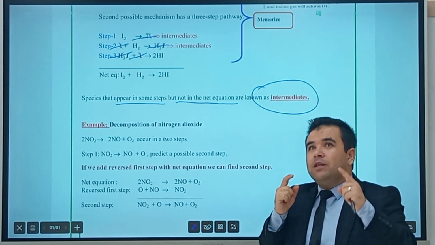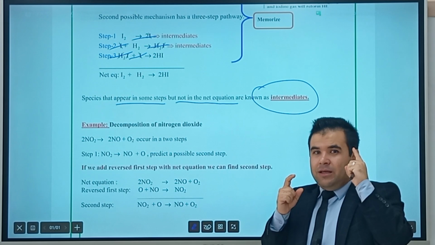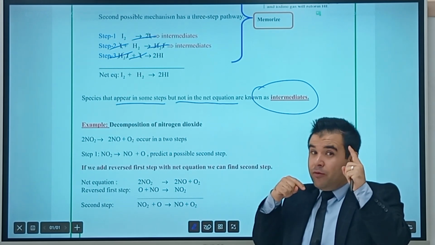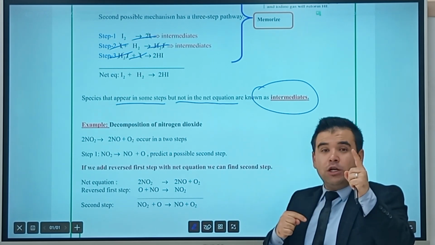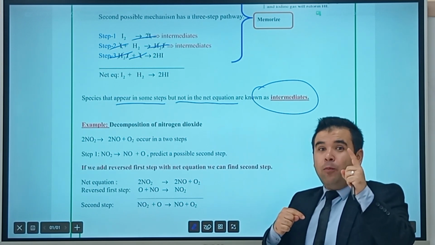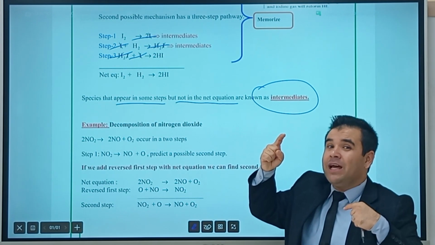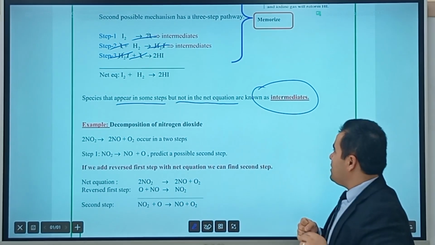Or we can say if the reactant of the first step and the product of the last is the catalyst; the opposite, which is the product of the first and the reactant of the last, is the intermediate.